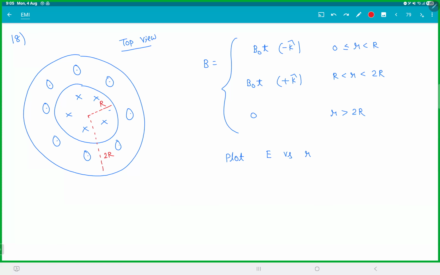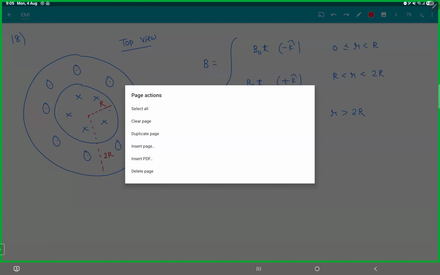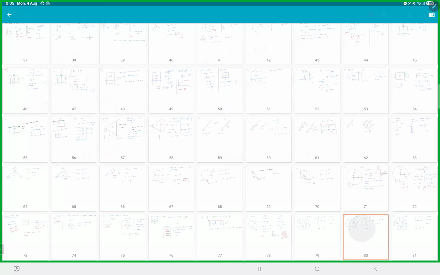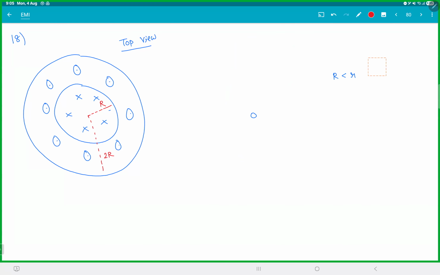See the first part. The first part was easy. So consider a surface between 0 and capital R. Flux will be B naught t pi R square. I'll take the downward as positive for now.